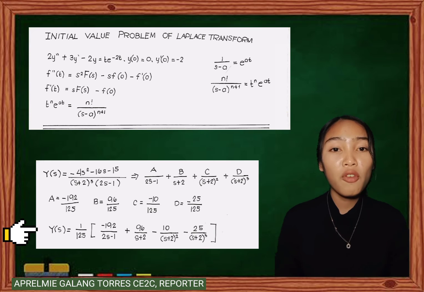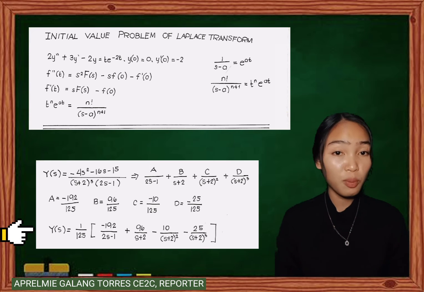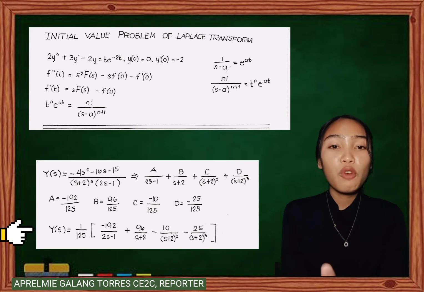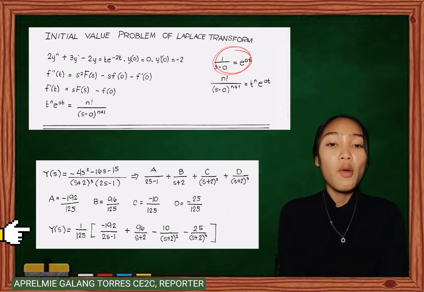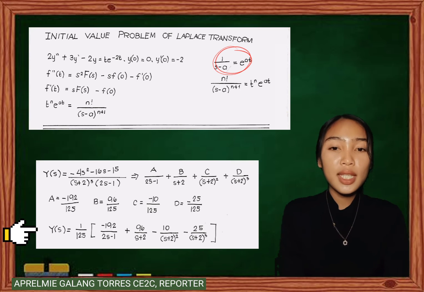Now, this is where our fourth and fifth formulas come into play. We have this formula here for 1 over s - a equal to e^(at). We're going to be using that for the first two terms here, the first two fractions in our partial fraction decomposition.